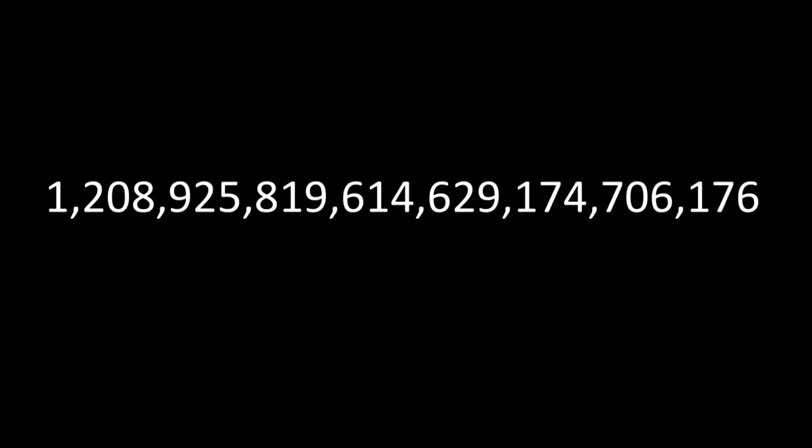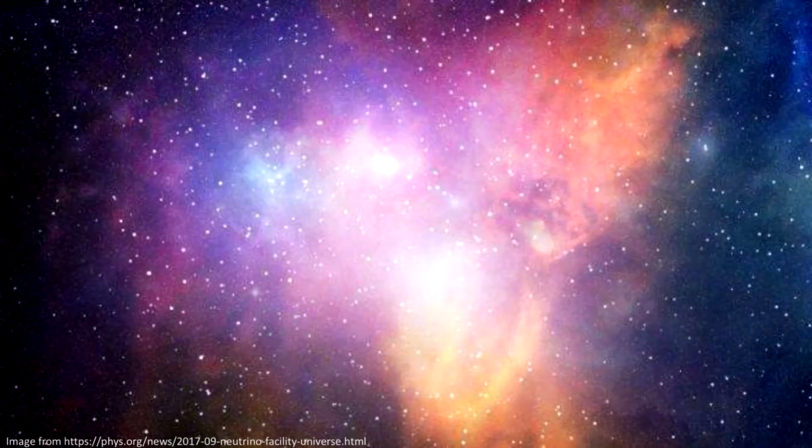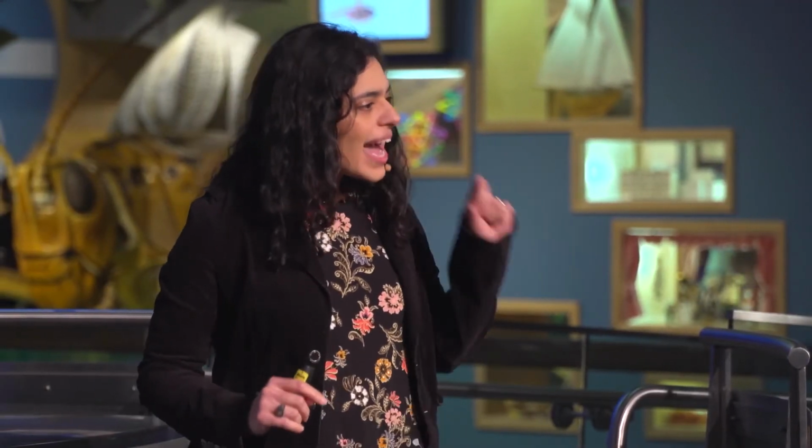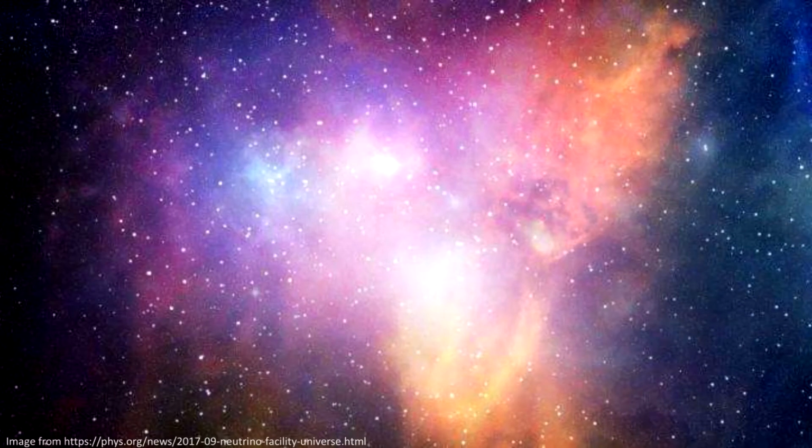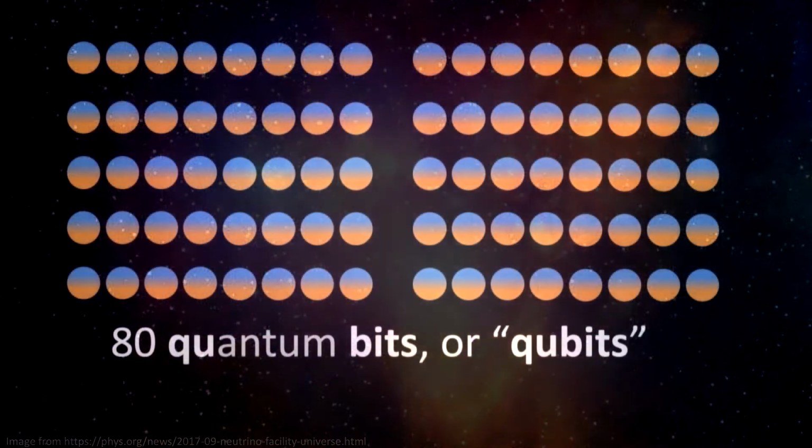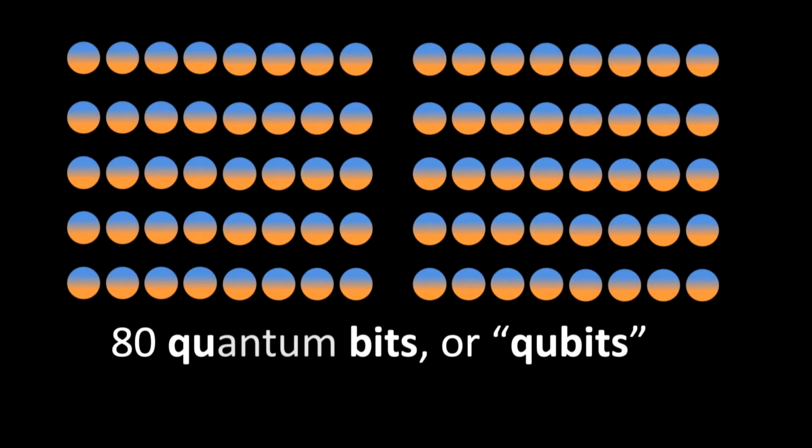To give you an idea of how big it is, it's bigger than the number of atoms in the observable universe. So if I take every single atom in the observable universe and make that into a regular computer bit, I couldn't store as much information with those bits as I can store with 80 quantum bits.